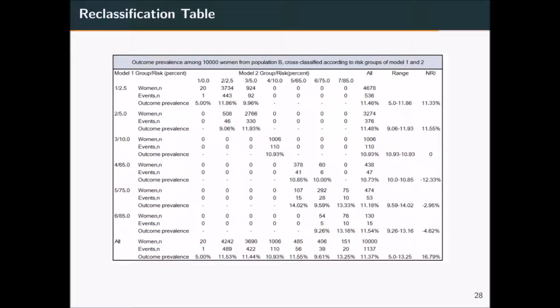The reclassification table also shows that some women assigned different risks by Model 1 can receive the same risk by Model 2, and some women assigned the same risk by Model 1 can also receive different risks by Model 2.